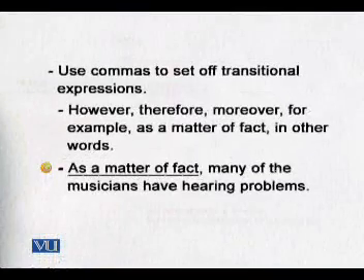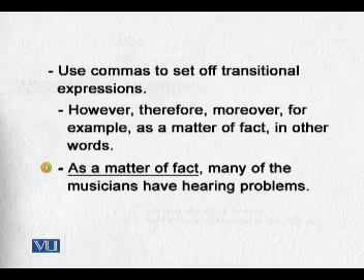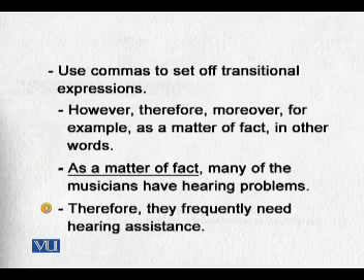Examples for you. In the first sentence, as a matter of fact. This as a matter of fact is a transition, and after this, a comma is there. Many of the musicians have hearing problems. Second one, therefore. Therefore is also a transition. After this, we put a comma and then the remaining sentence. They frequently need hearing assistance.